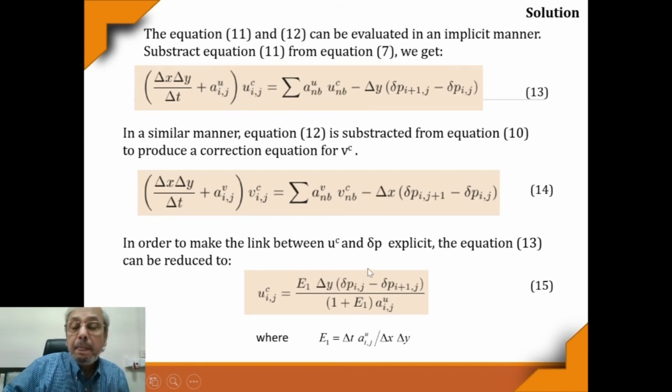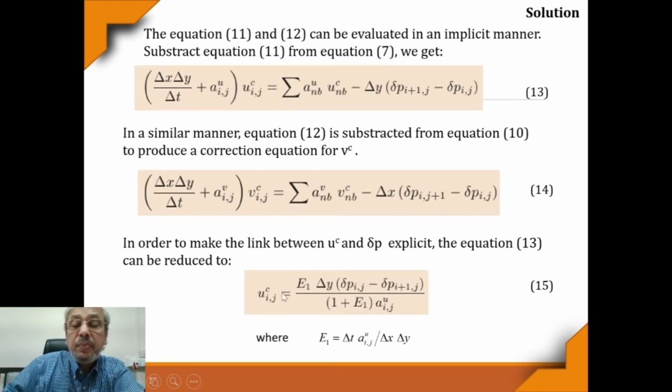And what is this E1? This E1 is not to be confused with E1, E2 we used in the momentum equation. There, E1 or E2, whatever we used, were basically superscripts. This E1 is a subscript. It's just a defined quantity, and doesn't have any deeper meaning the way it had for the x momentum and y momentum equation.